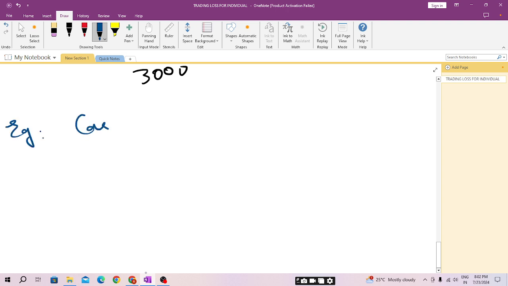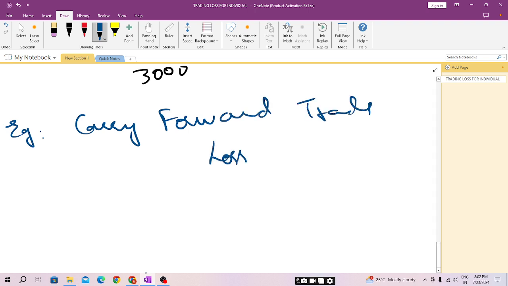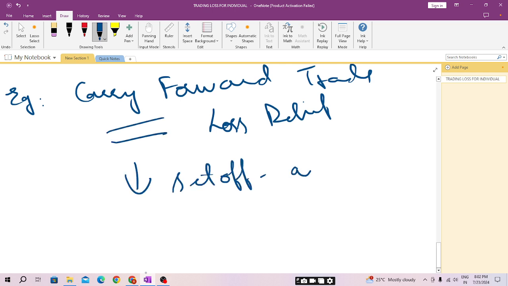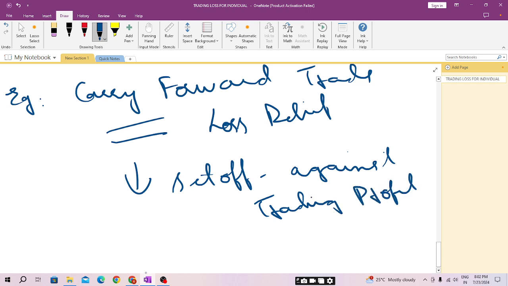Example of carry forward loss, trade loss relief. When the loss is carried forward, it will be set off only against trading profits. I hope this point is clear. And it is set off against the first available trading profit, and no partial claim is allowed.